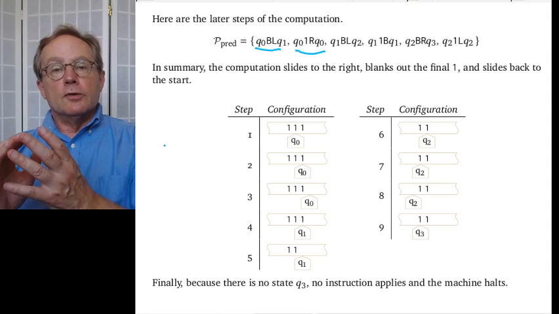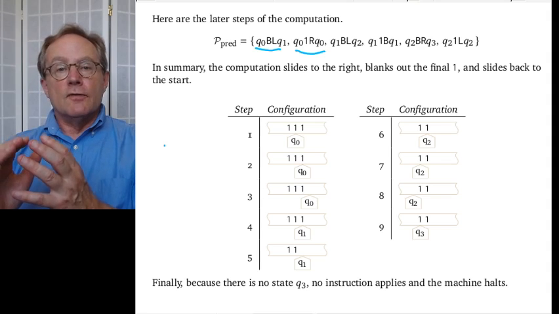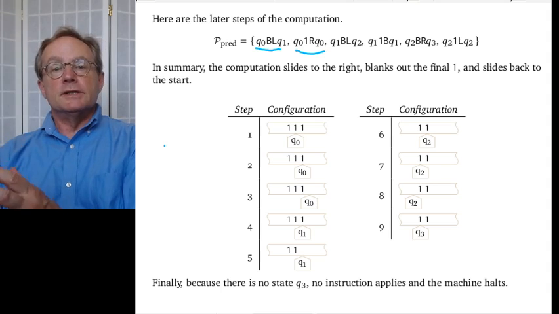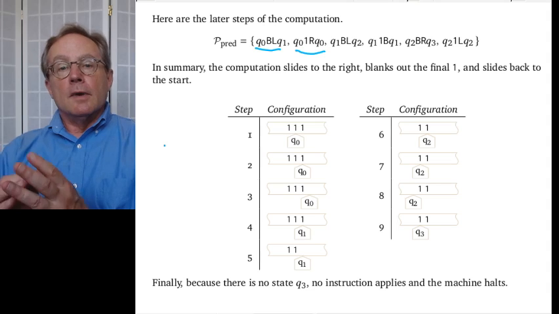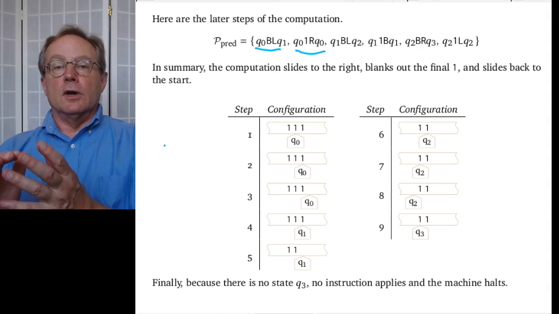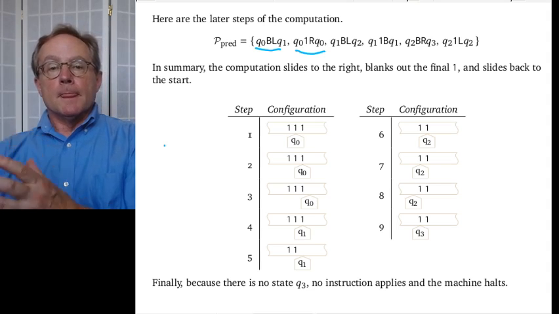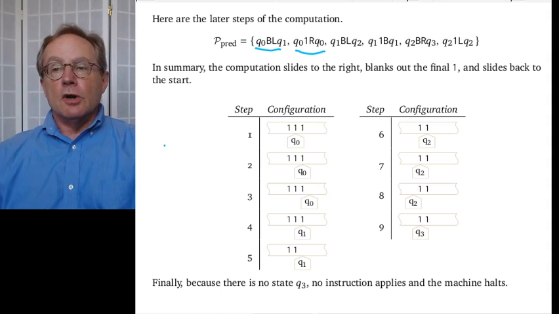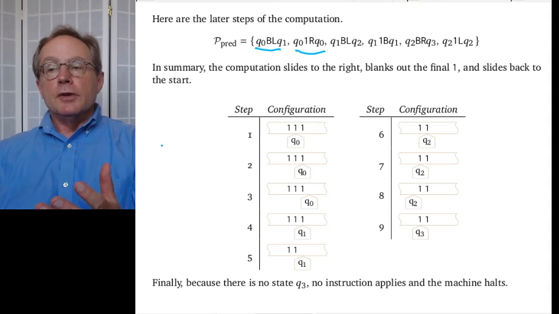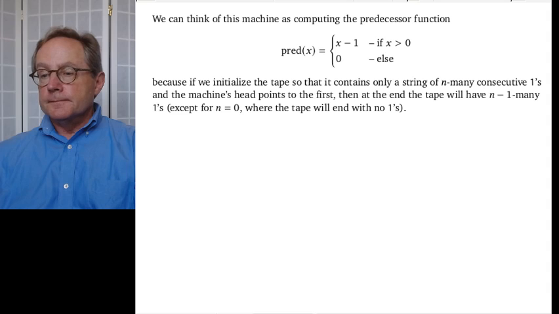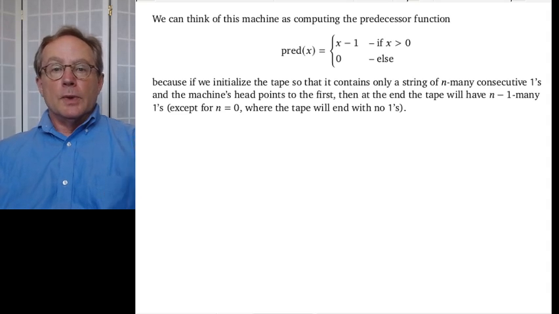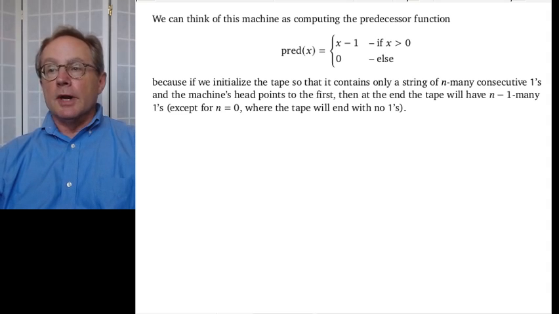Okay, so the recap is that it's very low level, step by step by step. It is an intuitive, discrete process that seems as though it's what you actually do when you do mechanical computation. You push symbols around. And of course we think of this machine as computing the predecessor function.